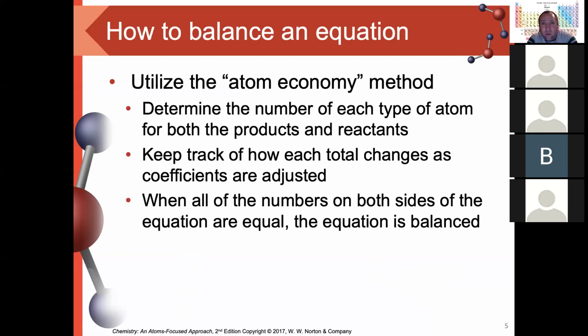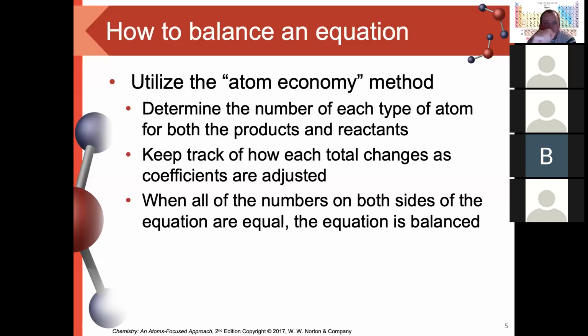So basically how it works is you take an equation and you split it in half. Reactants on the one side, products on the other side. And you look at each side and you say, okay, on my reactant side I've got this much stuff, and on my product side I have this much stuff.